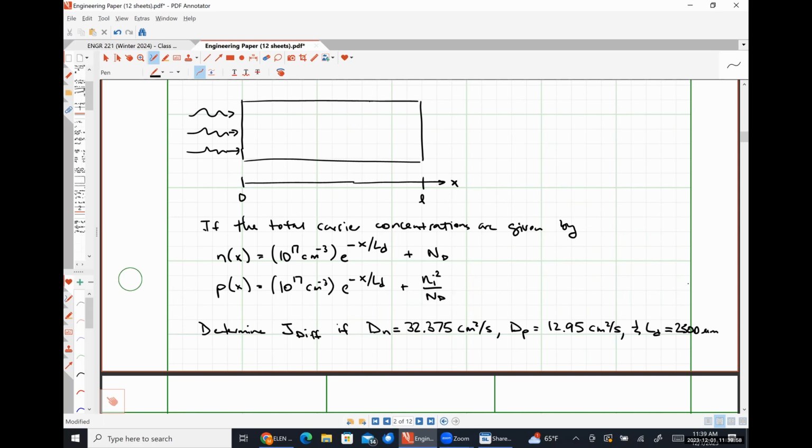Well, okay, a better question would be, what is the physical interpretation of our diffusion current density having a negative sign? Yes, sir. Where's an electric field here? Oh, there's no electric field in this system at all, maybe.